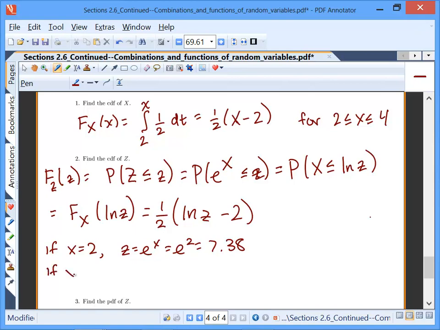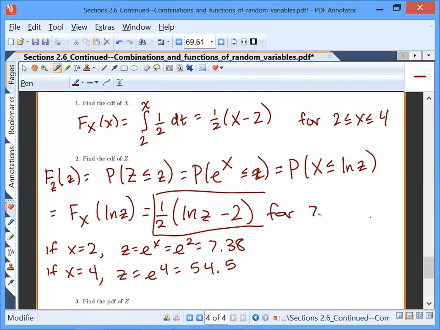And if x equals 4, z equals e to the 4, which is 54.5. So what are my new bounds for my CDF of z? This is my CDF, and it is for z values between 7.38 and 54.5.